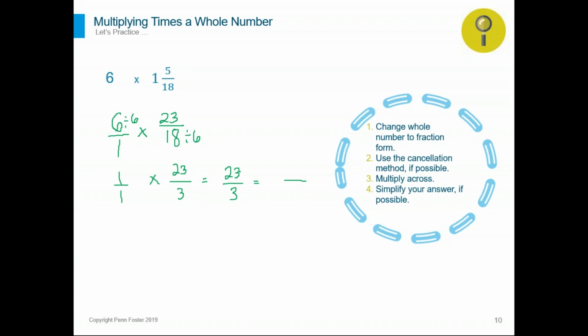3 goes 7 times into 23. So 7 would be the whole number part of the mixed number. 3 will remain in the denominator unchanged. Now we need to figure out the remainder. We do that by multiplying. 7 times 3 is 21.